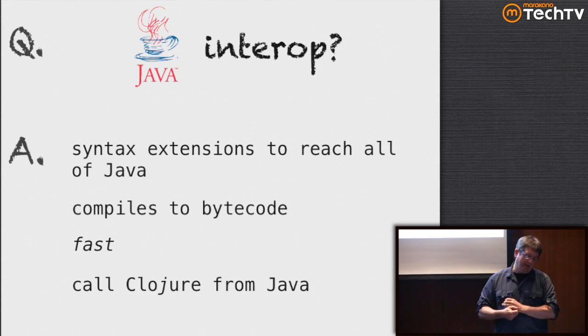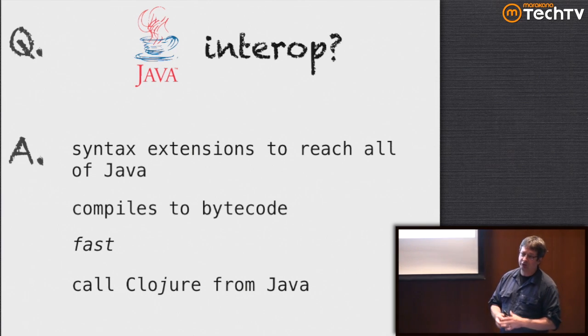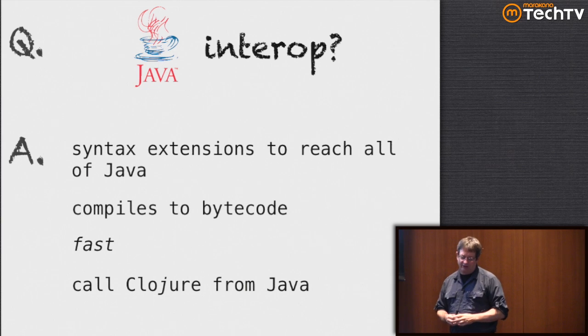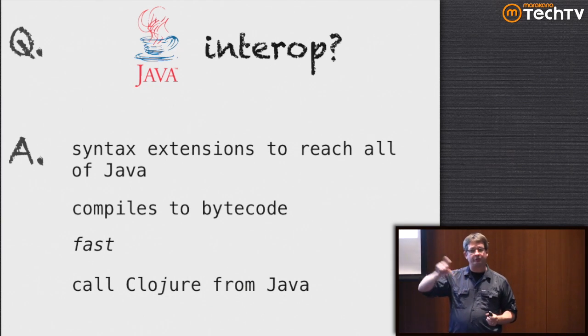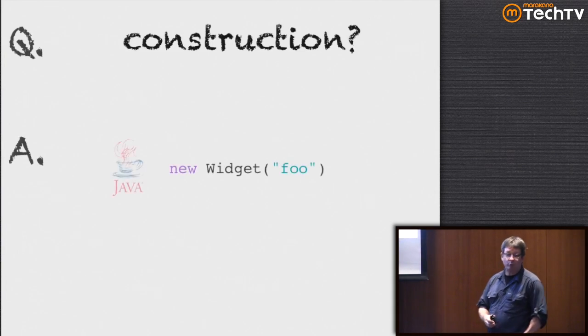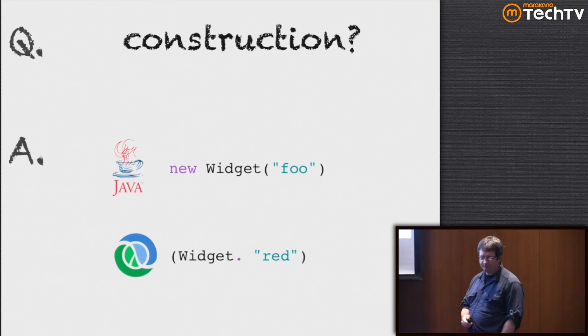If you want to see a good example of that, Venkat Subramaniam has a new book out on concurrency on the JVM, and he shows an example of calling into Clojure software transactional memory from Java. So it is possible to do that, but there's a long checklist of things you have to make sure of, because Clojure is a much more restrictive language than Java in terms of some of the things it will allow.